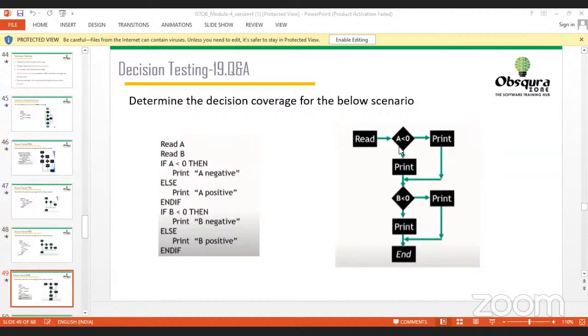But in decision coverage, we are discussing the green colors. For the 19th question, everyone is saying 3 paths. Again, there are mixed opinions.